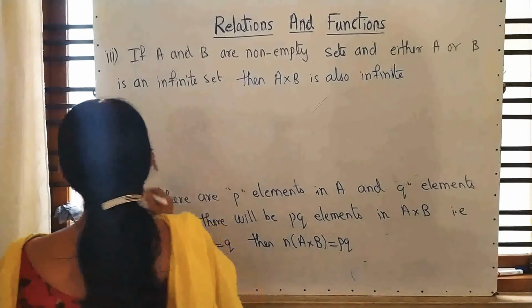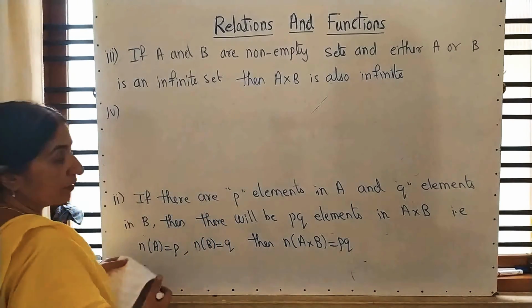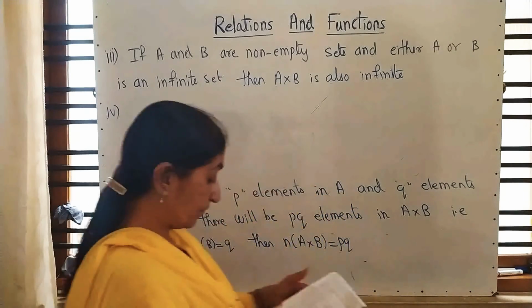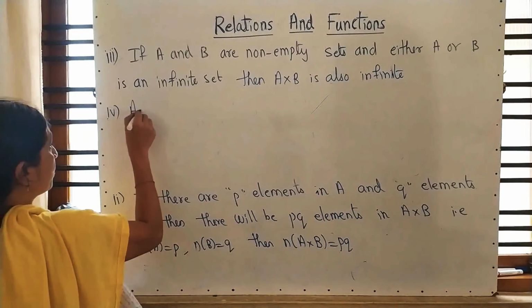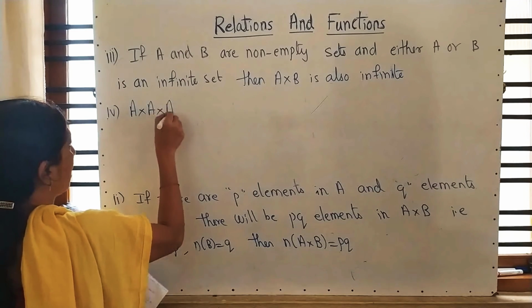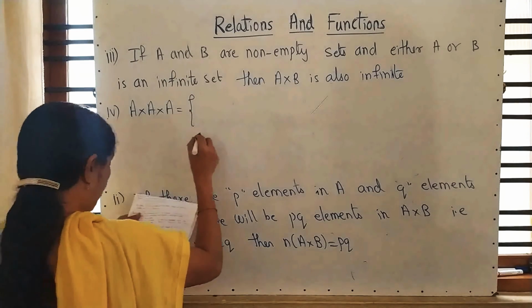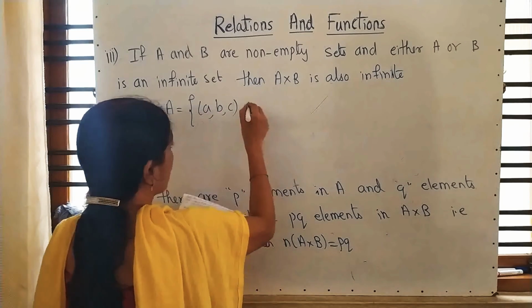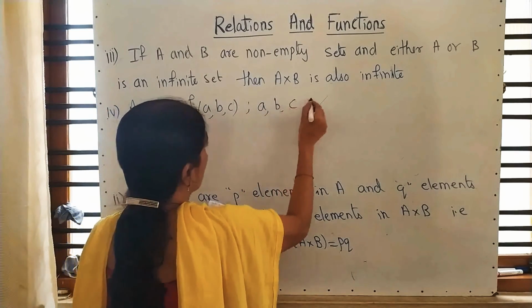Next, see the fourth one. Actually they are telling this part is deleted. Anyhow, just note down this. It is a triple product, triplets. They are in the form of three elements (a, b, c), where they belong to the same set I am taking.